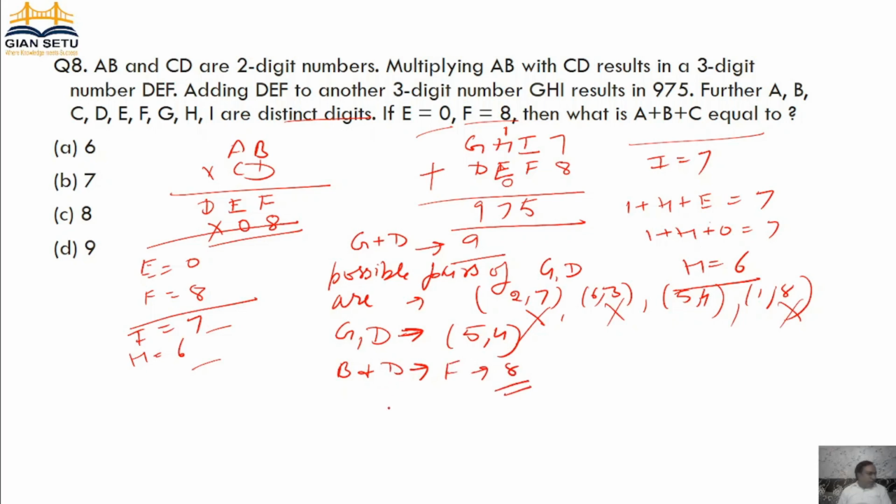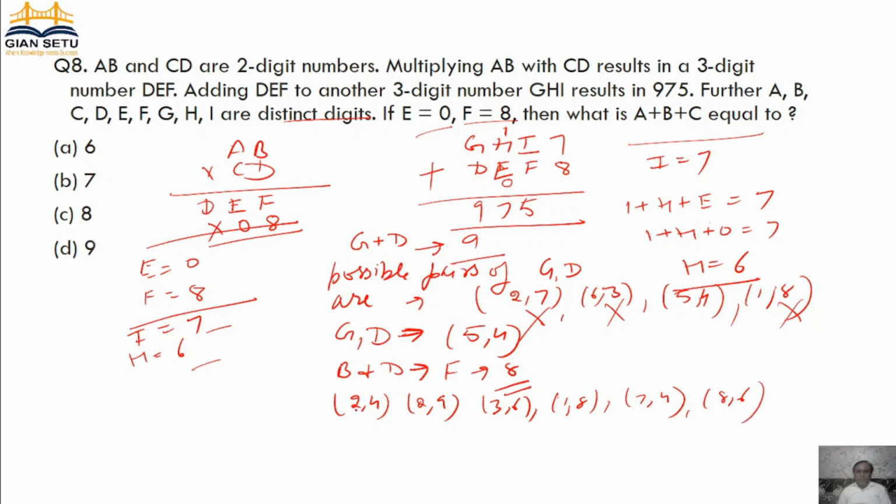The only possible pairs for B and D can be 2 and 4, then 2 and 9, then 3 and 6, then 1 and 8, then 7 and 4, and 8 and 6.